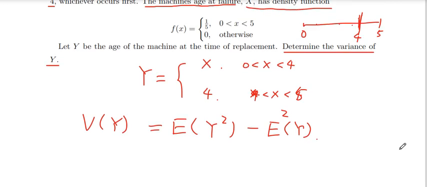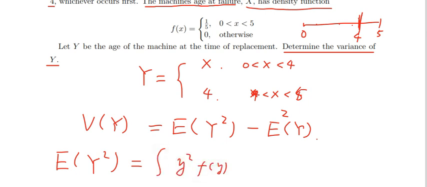So what is E(Y squared)? How can we find this E(Y squared)? E(Y squared) is the integral of y squared f(y) dy, right?